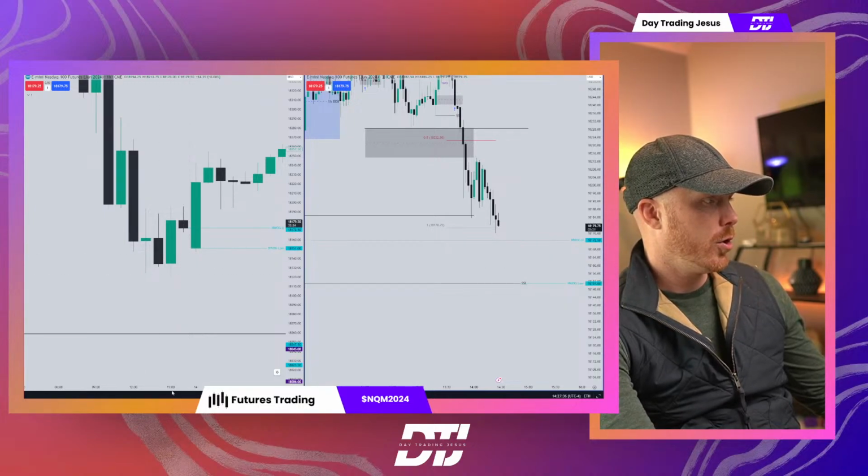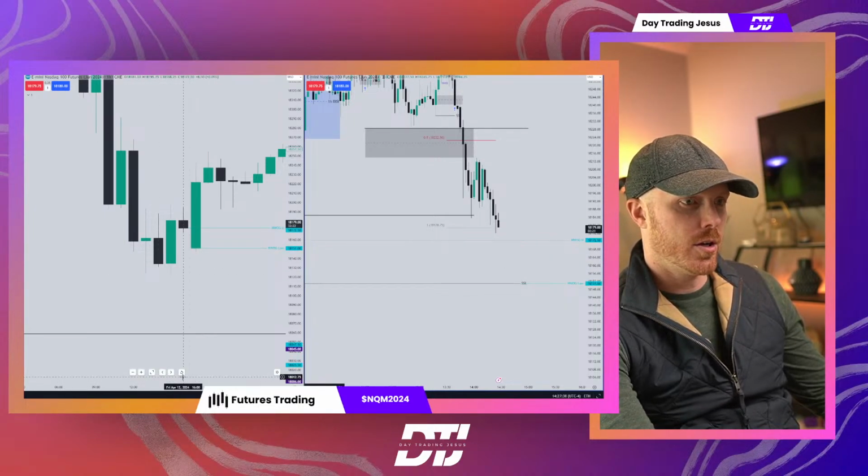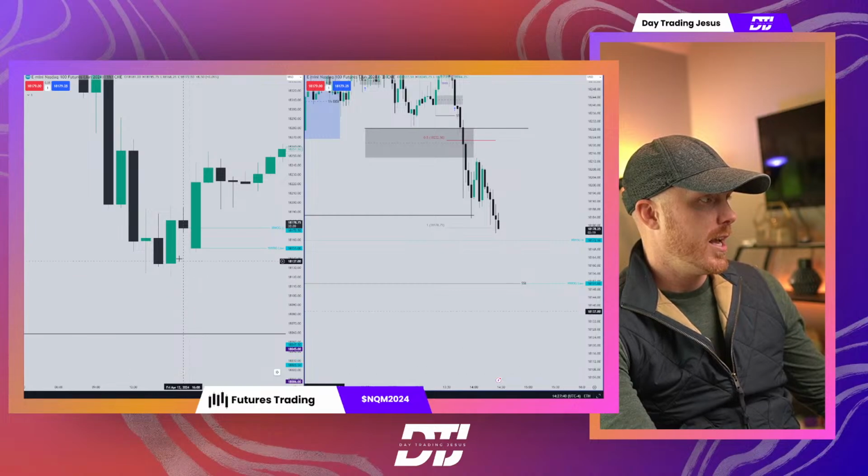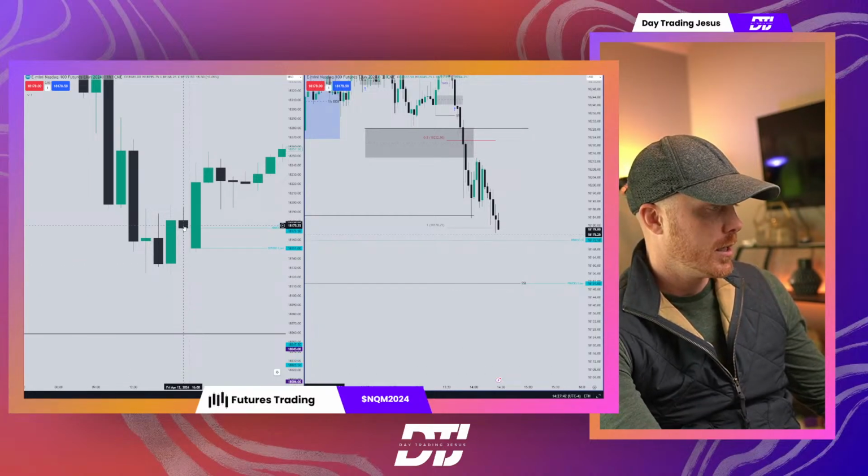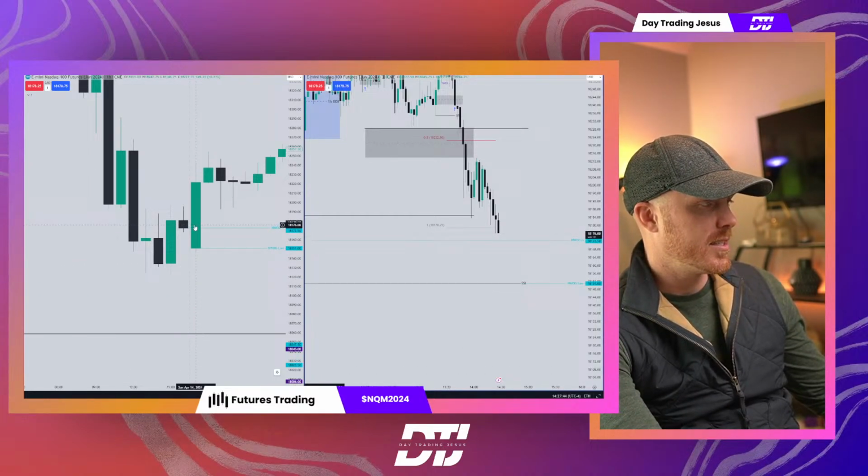Right here, look at right here on the charts. You can see it. Here it says Friday. Here it says Sunday. This is the close of the previous week, and this is the open of the next week. The close is where the new week opening gap line goes, and the open is where the new week opening gap begins.